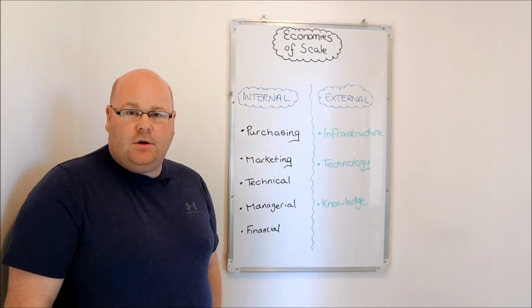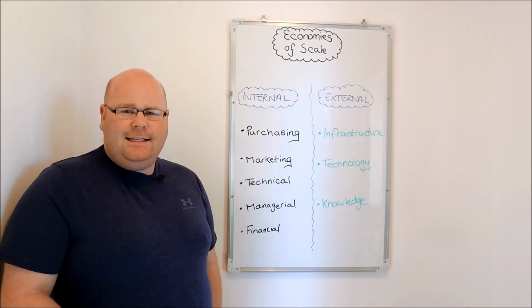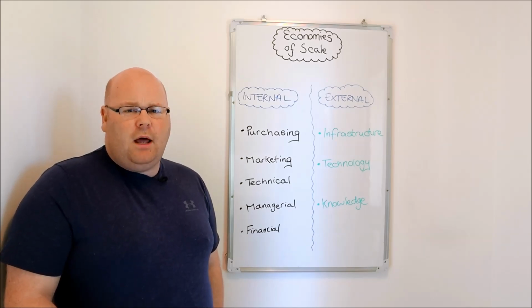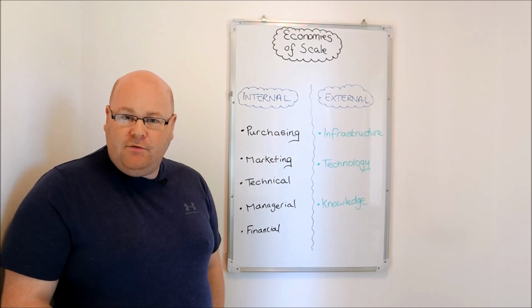The next type of internal economy of scale is what are known as managerial economies. And this is the idea that when a business is much smaller, it may not be able to invest in as much specialization, particularly at a managerial level.